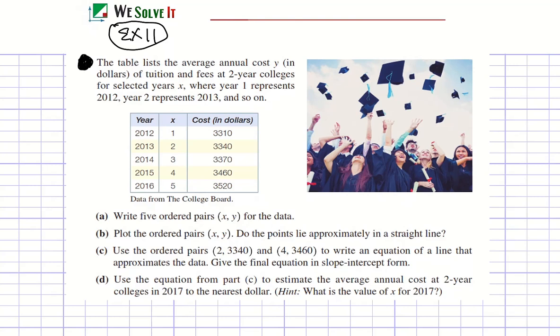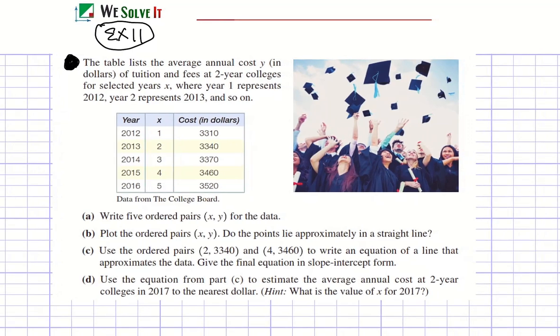You can let anything represent anything. X are in years. Year 1 represents 2012, year 2, 2013, year 3, 2014, year 4, 2015, year 5, 2016. And then the costs are given there. So X represents years, Y represents cost.